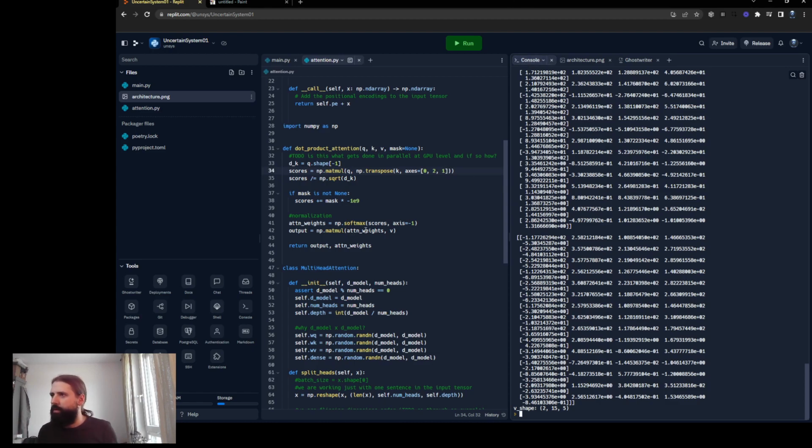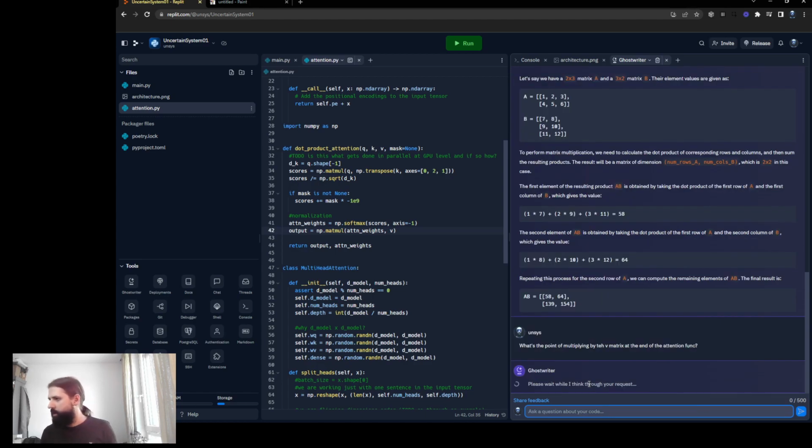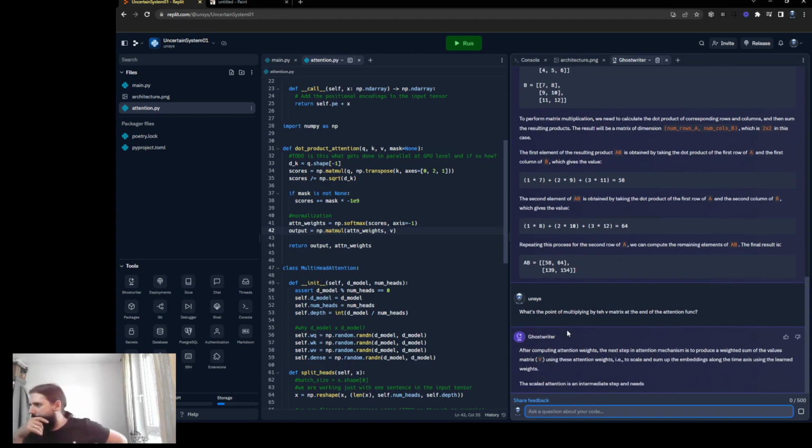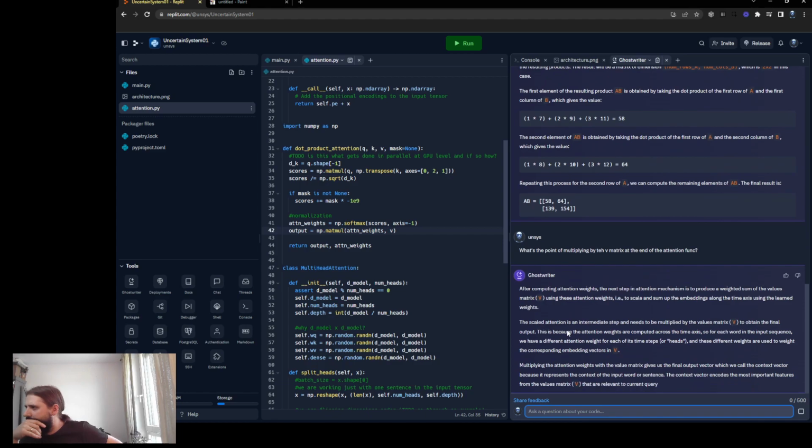What's the point of multiplying by V though? What's the point of the V matrix in the function?